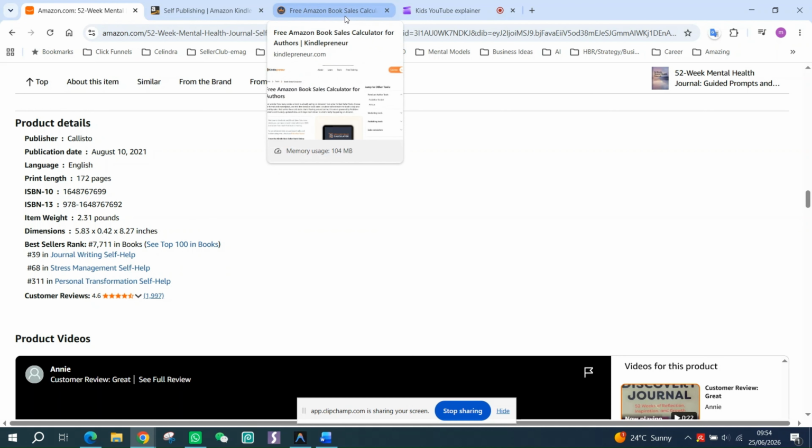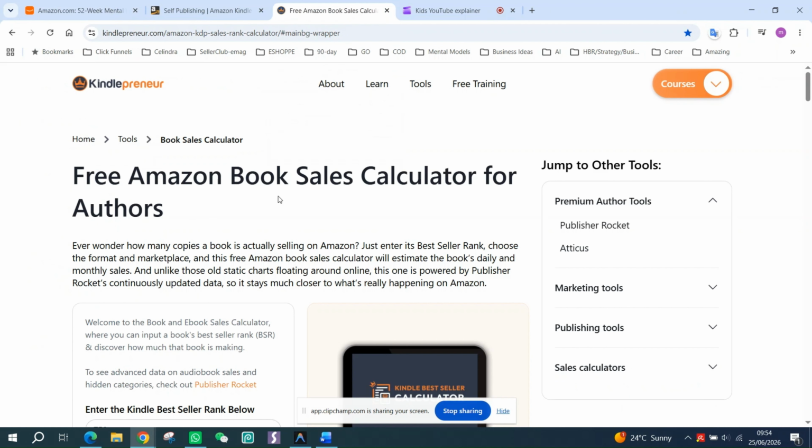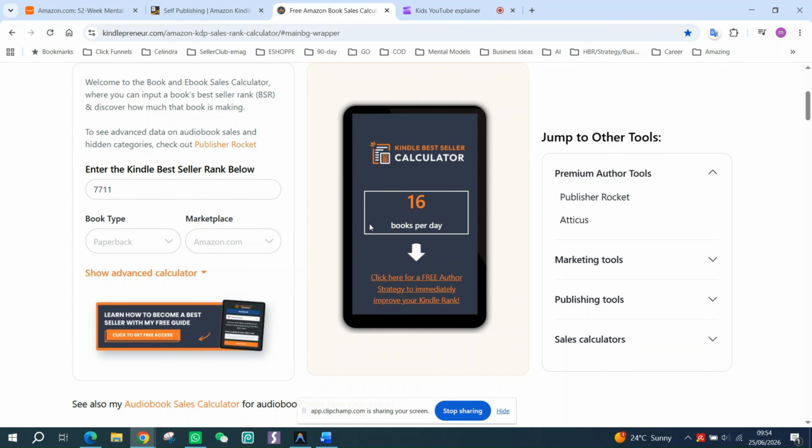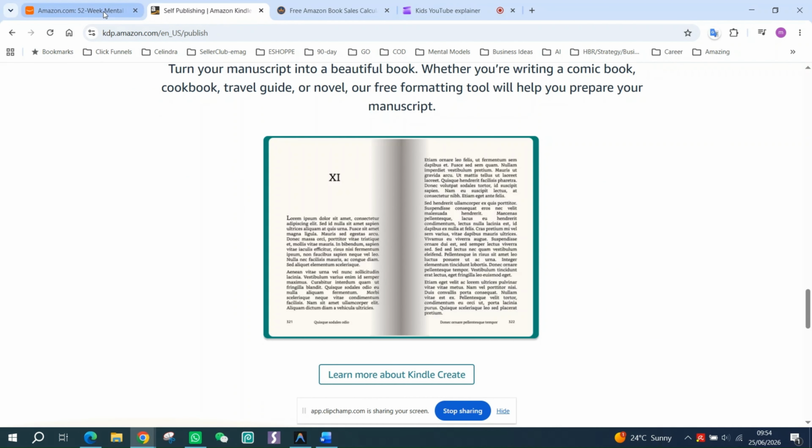So if I go to this calculator, free Amazon book sales calculator, so it's free. Let's say we put here 7711. What does it say? It says it sells 16 books per day. Okay, but it is paperback. It is on Amazon.com. Was it paperback?